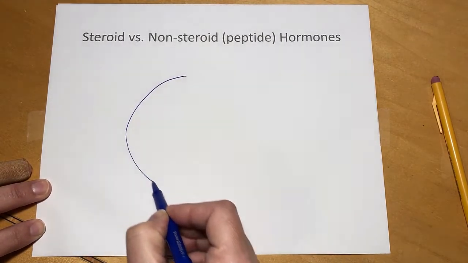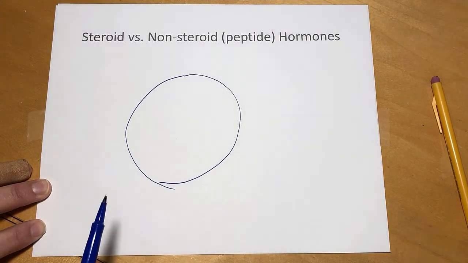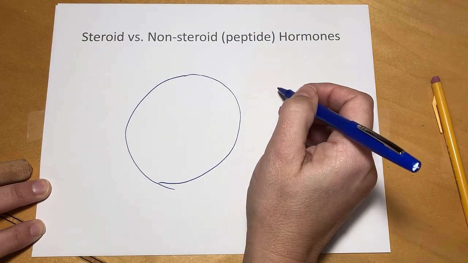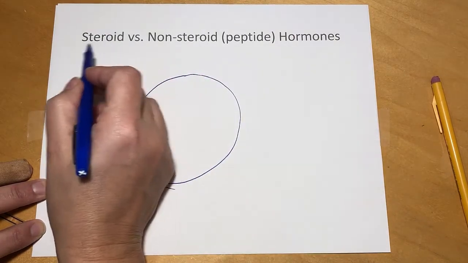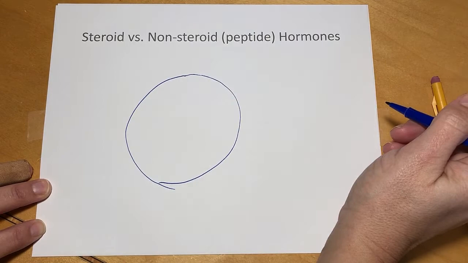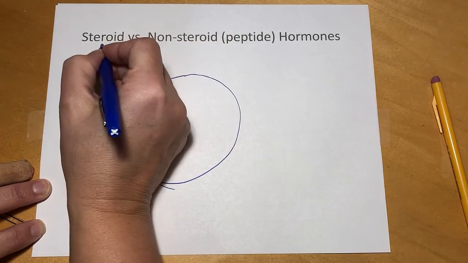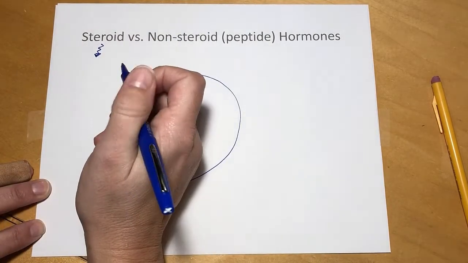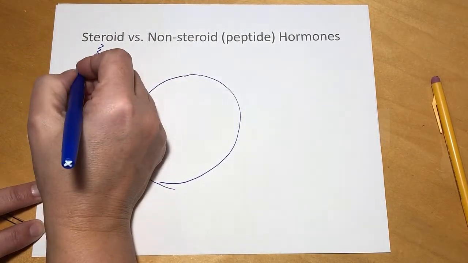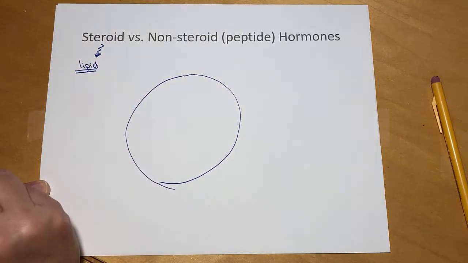Imagine you have a cell, and remember the outside of the cell is that phospholipid bilayer. Sometimes hormones are what we call steroid hormones. The hormones of the adrenal glands, the testes, and the ovaries are steroid hormones. And remember that steroid, way back at the beginning of the course, steroids are a type of lipid. They are lipid soluble.